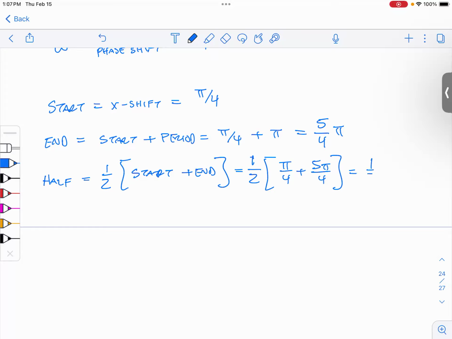So 1/2 times 6 pi over 4 is 3 pi over 4, which is what we expected. Halfway between pi over 4 and 5 pi over 4 is 3 pi over 4. Then the first quarter and third quarter: halfway, start plus half.